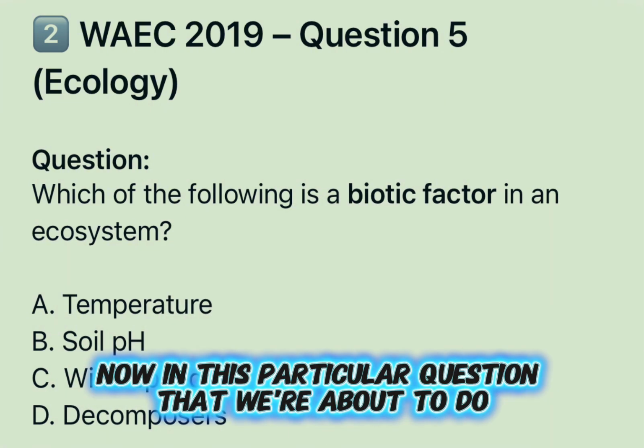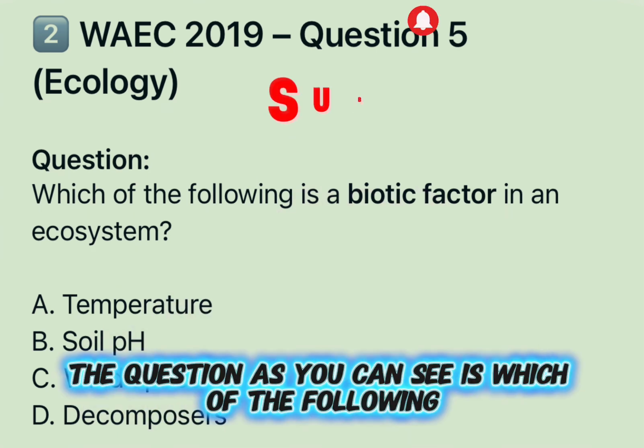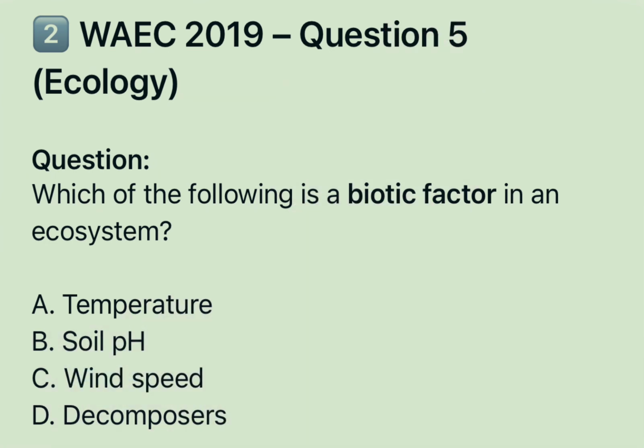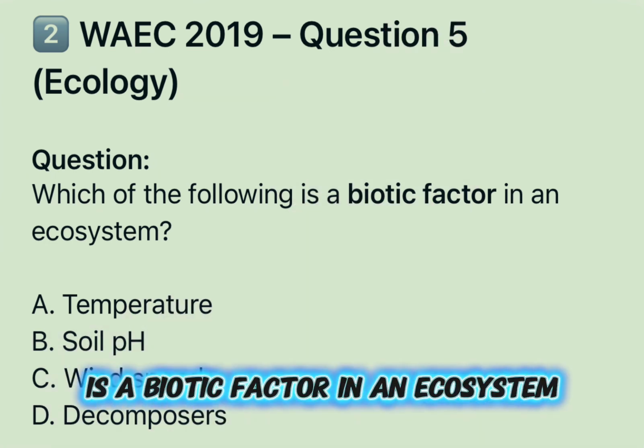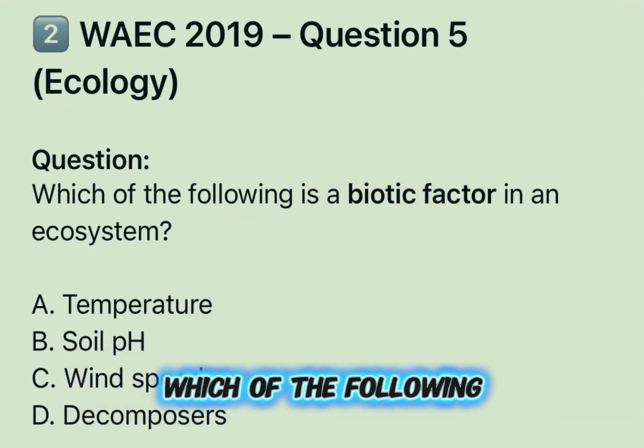Now, in this particular question that we're about to do right away, the question, as you can see, is: which of the following is a biotic factor in an ecosystem?